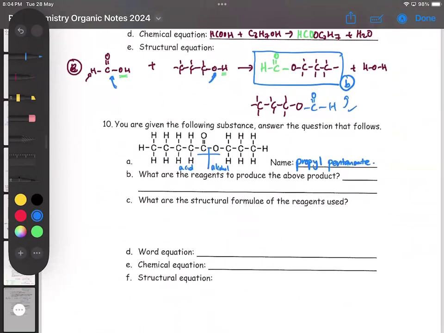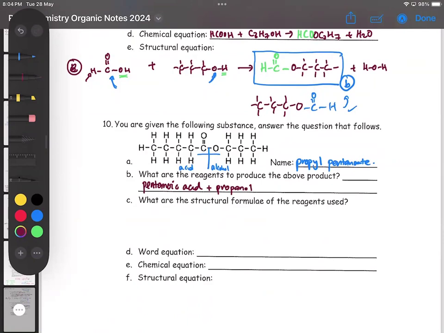So to make this, we need a 5-carbon acid, so pentanoic acid, and a 3-carbon alcohol, propanol.